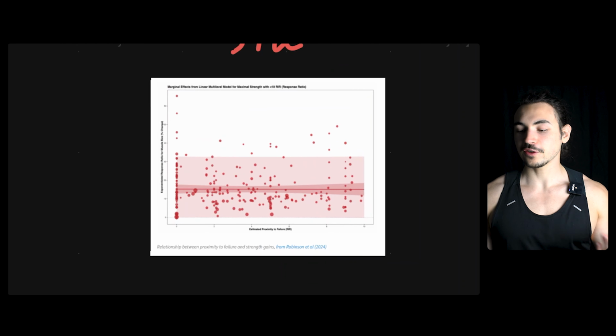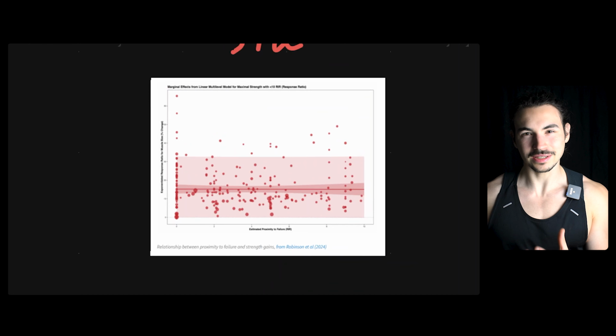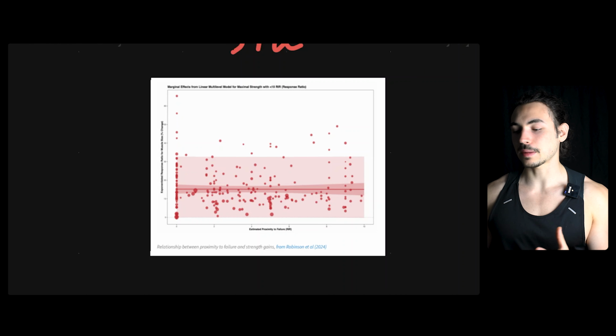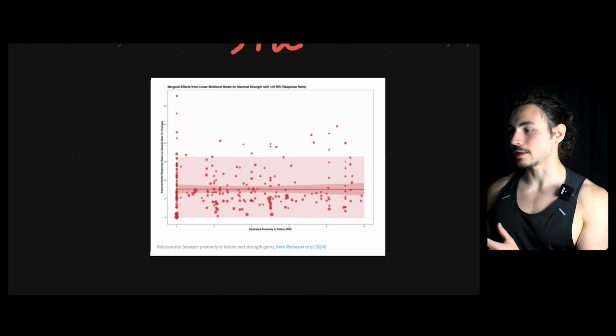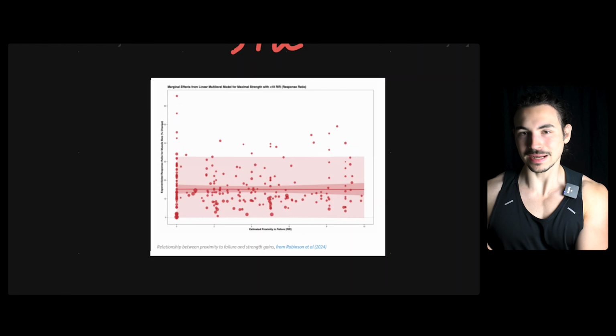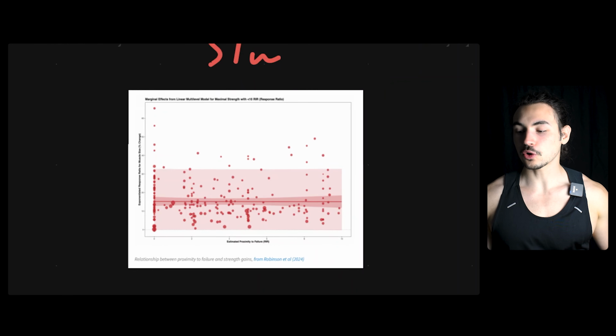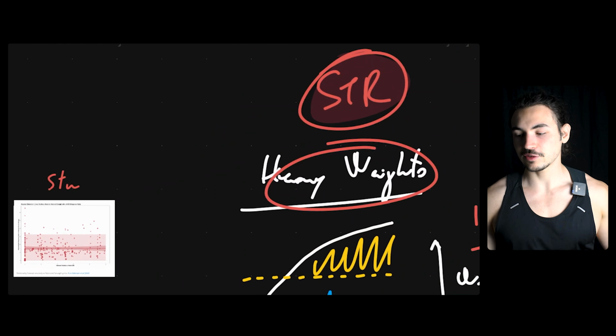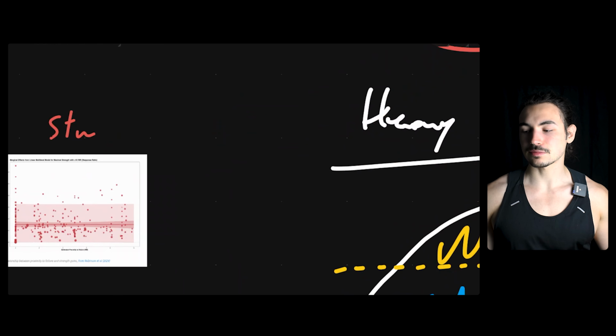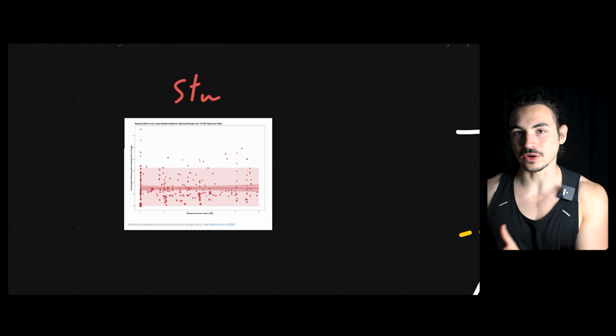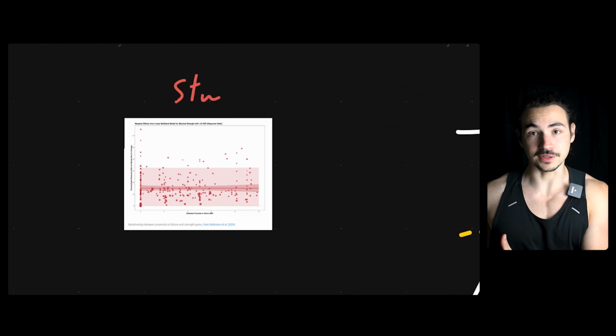So if you go close to failure or stay away from failure, there's actually no difference. Because strength is not about challenging in terms of actually stressing your muscles as much as possible. It's more about practice with heavy weights. It doesn't matter as much that you go close to failure as long as the weight is actually heavy.